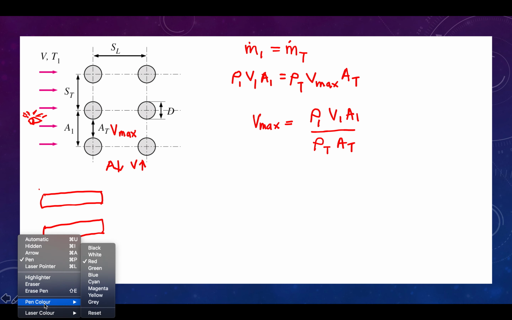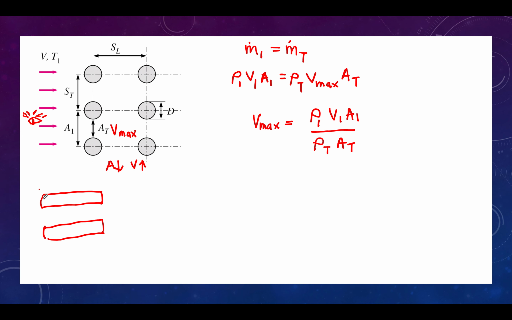I change the pen color first to blue. We want to find what is the area here. This point is 1, for example, and this point is 2. So we want to find the area of this side.